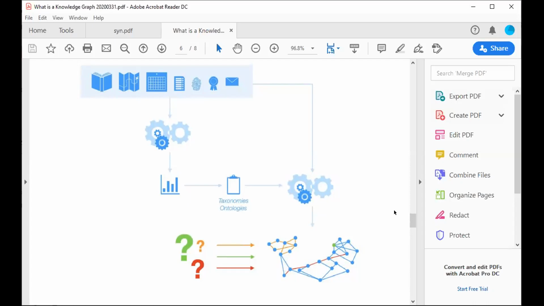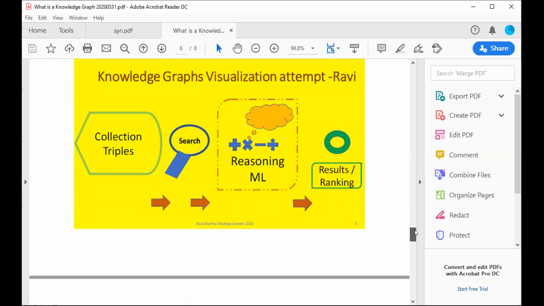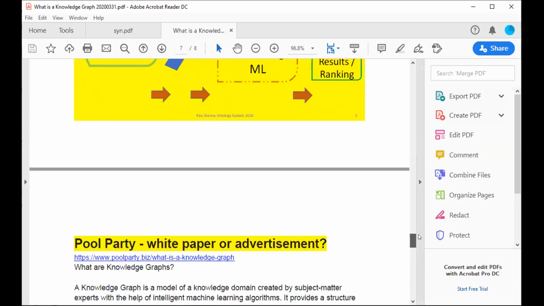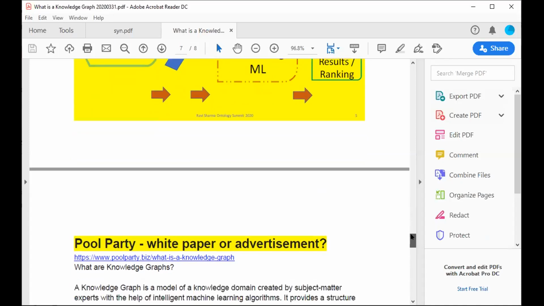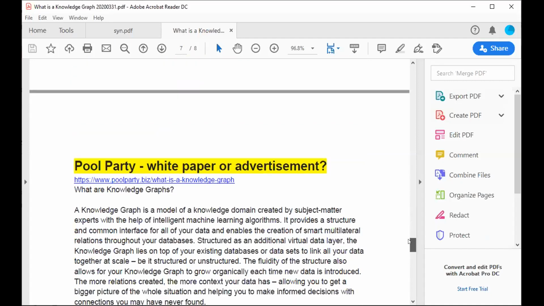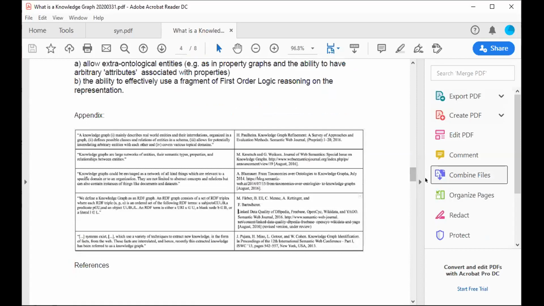This is the best visual I have found. Kindly scroll down. There is a forum called Pool Party, but before we go to that, when you have time, if you think this is good enough to be put on the site, then that table that Gary has shown has many views of knowledge graphs, and it gives the references also.